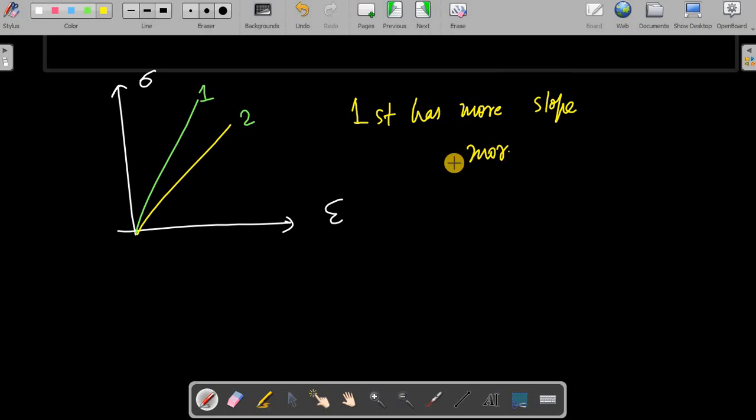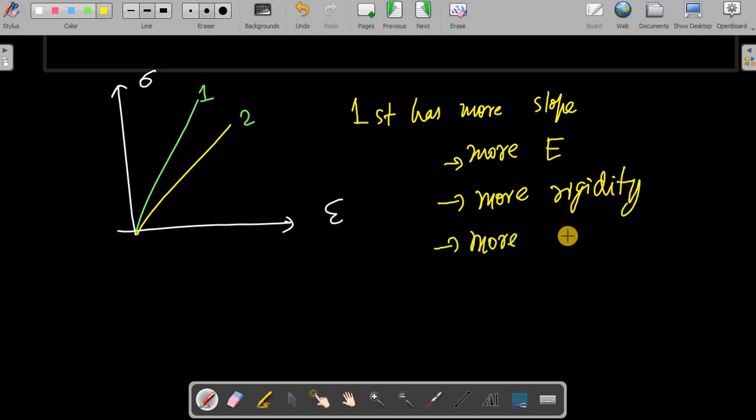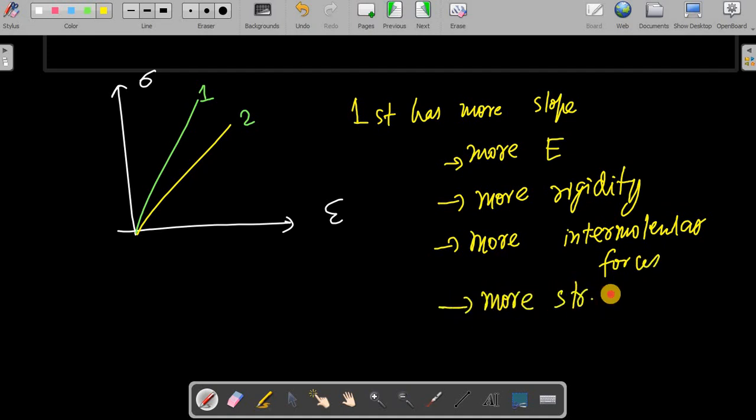More slope means more elasticity. More elasticity means more rigidity. More rigidity means more intermolecular forces. You can also say it has more strength. Right? All these things can be concluded based on the shape of the graph.